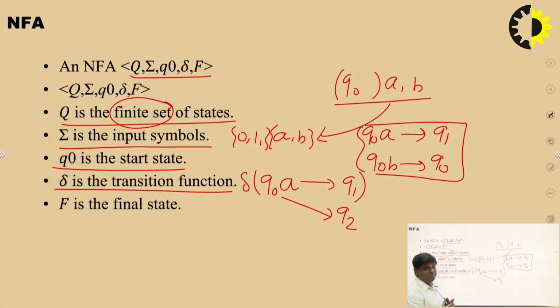It means that with respect to an input, a transition may or may not be available. Okay. Now, the last one is common for deterministic and non-deterministic finite automata. F stands for the final state. In NFA and DFA, both have final states.